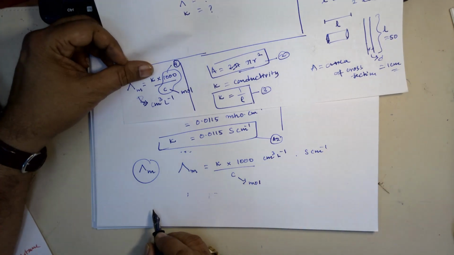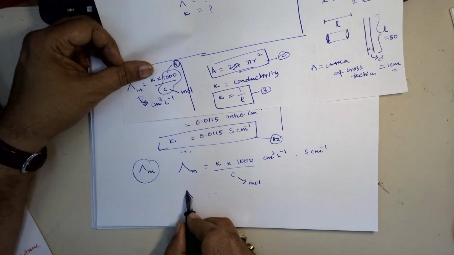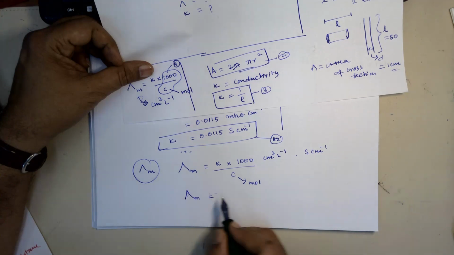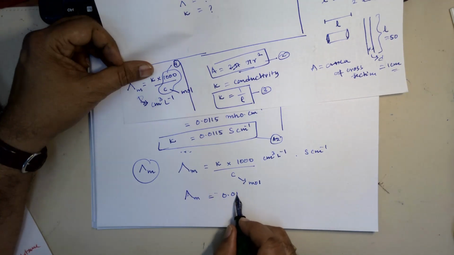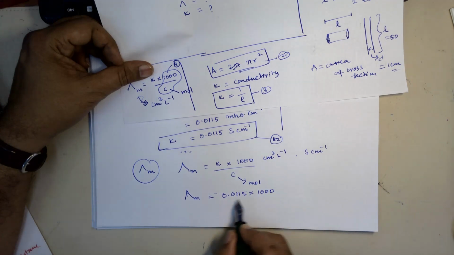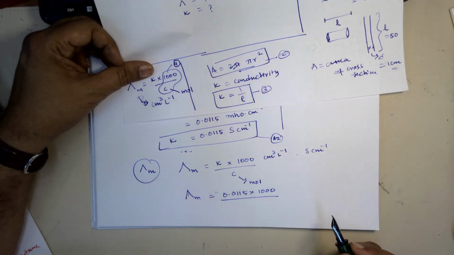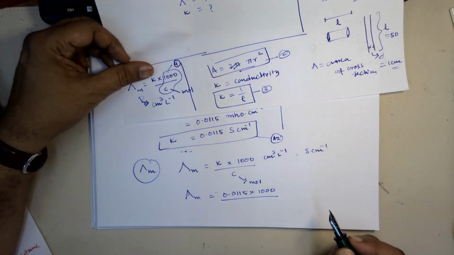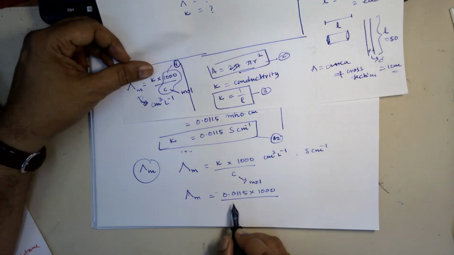So lambda m is equal to, what is the value of kappa? 0.0115 into 1000 divided by, what is the value of C? It is given as 0.5 mole per liter, right?